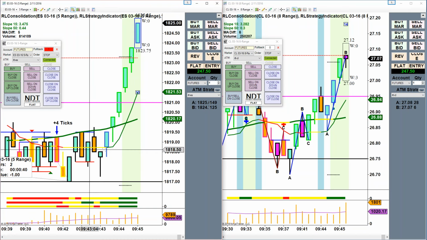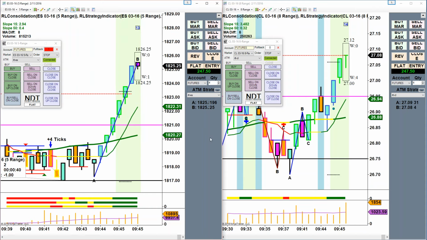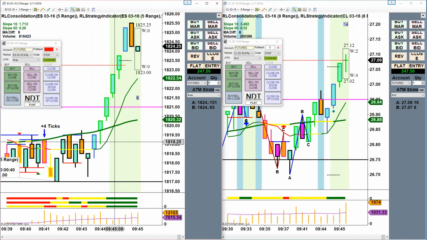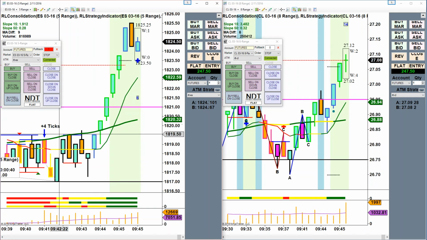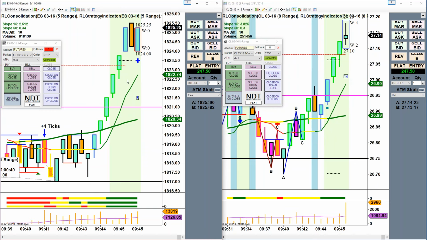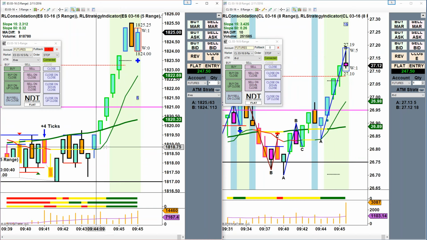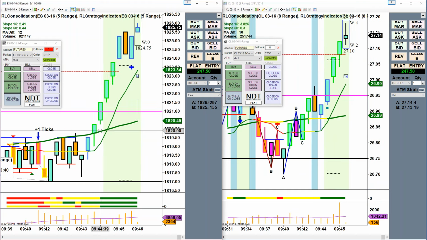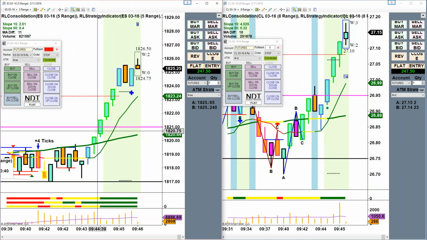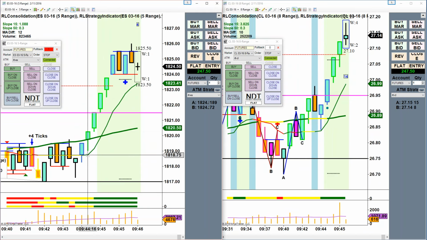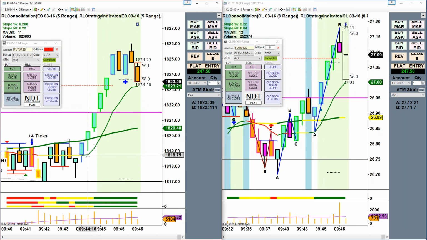It was a tradable entry, but just very risky here. $15 was up, $50 was up.